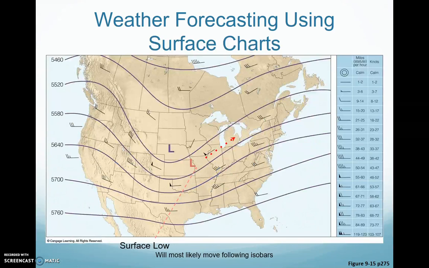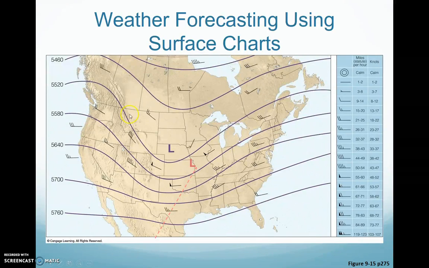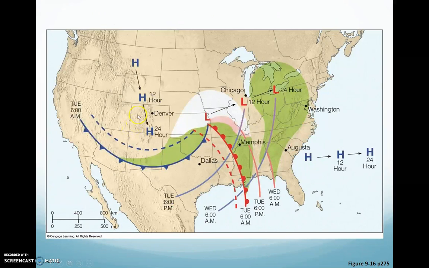Now, we can come back here and look. Let me come back a couple slides. We can look at high pressures as well. So here's your high pressure system in central Montana. You've got a high pressure here in a region of convergence, which is going to be increasing the pressure and pushing it down towards the base of the trough.